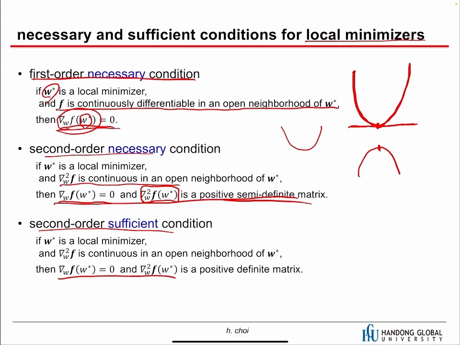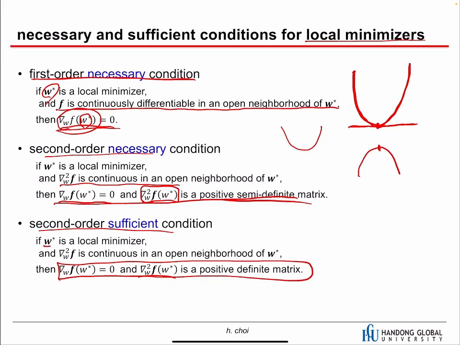As long as it is a local minimizer, these conditions should be satisfied. Then there is the second order sufficient condition, which means as long as it satisfies this condition, then it is a local minimizer. It is a sufficient condition that W star is a local minimizer.